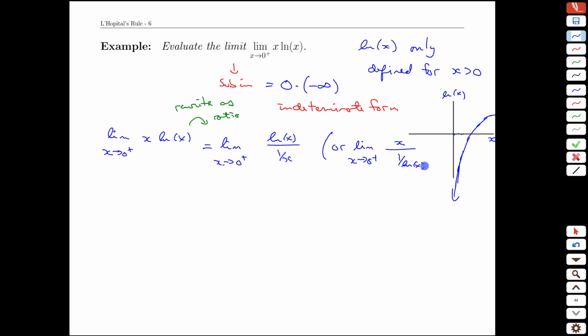That's a totally valid approach. However, that's less appealing because think of what the next step is. L'Hopital's rule says take the derivative of the top and then take the derivative of the bottom. No one wants to take the derivative of this more complicated bottom. It's just a little messier. So we're going to use this form here. But notice how easy it is to create a ratio if there isn't one there already.